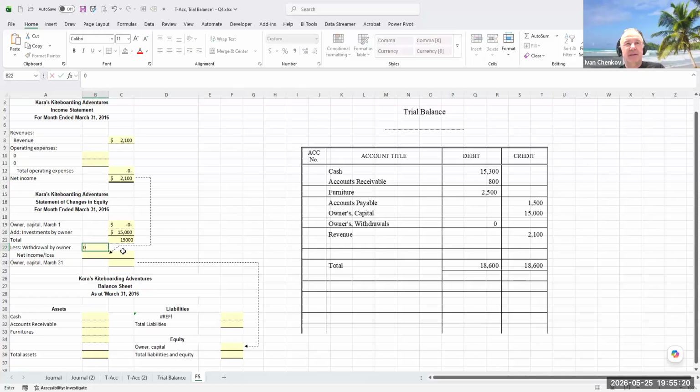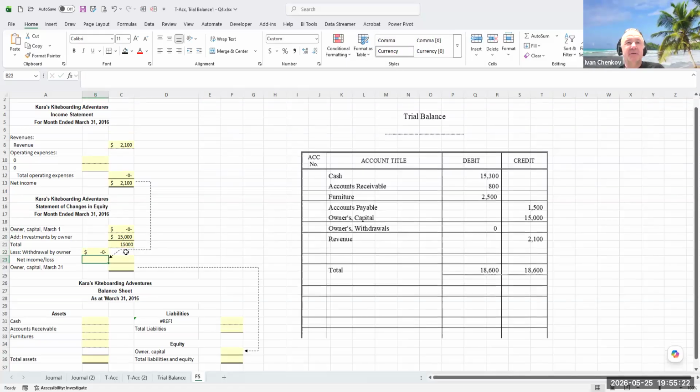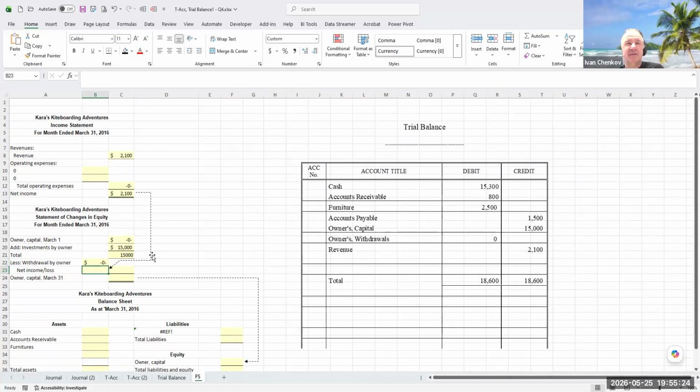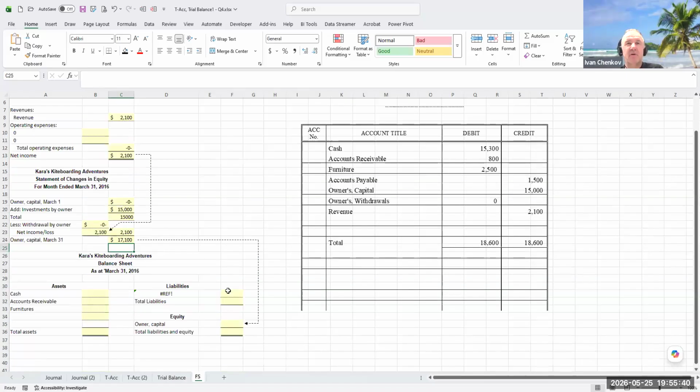He didn't withdraw anything, but the company generated income, 2,100. That gives us a 2,100 increase in owner's capital. So the new owner's capital is $17,100, which goes on the balance sheet as the owner's equity, $17,100.